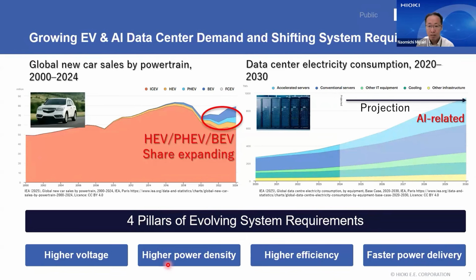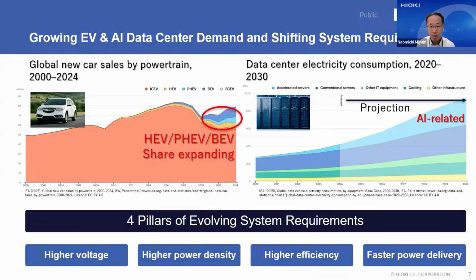Second, higher power density. In EVs, it's about extending driving range through weight reduction. In data centers, on the other hand, it's about shrinking the physical footprint through higher integration. Third, higher efficiency, reducing energy losses to boost EV performance and address thermal challenges in data centers.